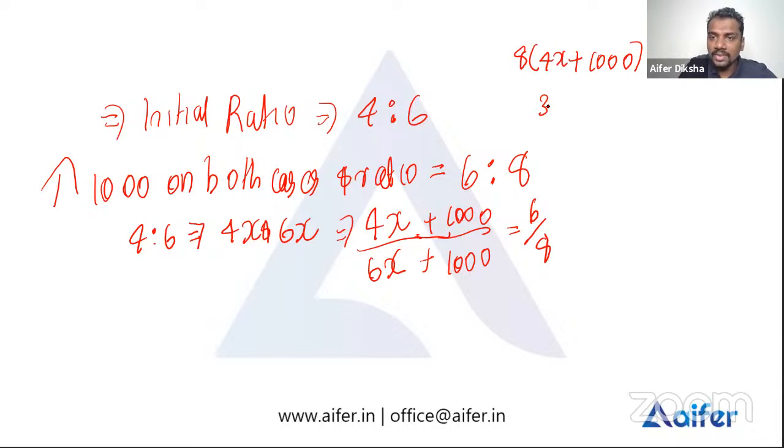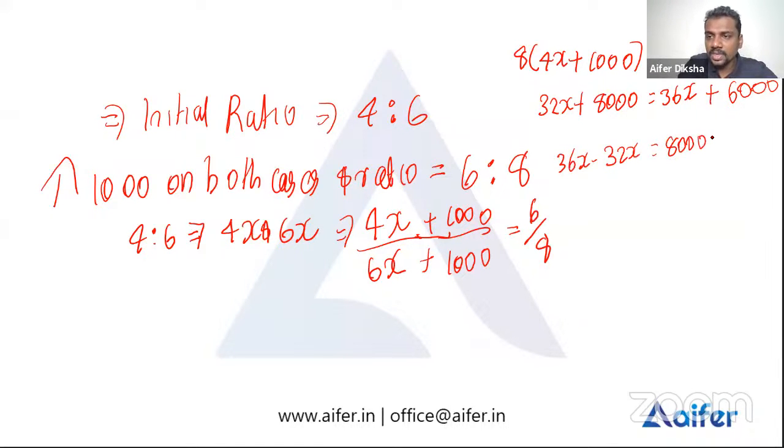So 8 into 4x, we have 32x plus 8,000 is equal to 36x plus 6,000. So we'll be subtracting: 36x minus 32x is equal to 8,000 minus 6,000.